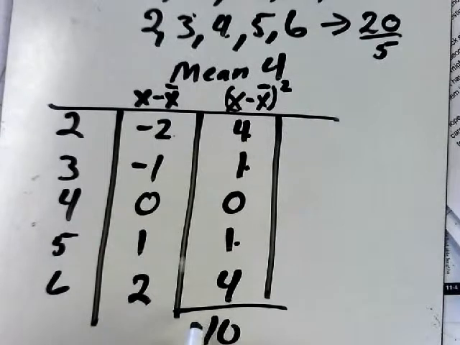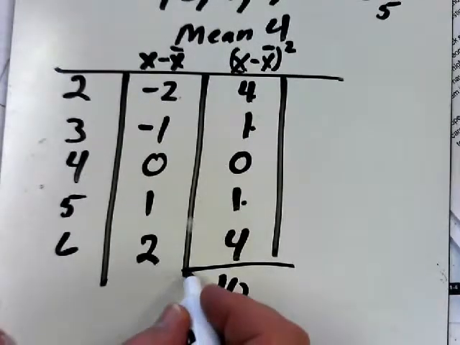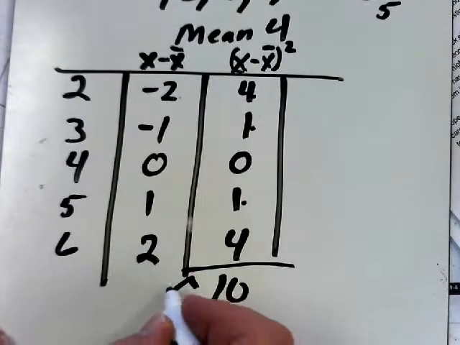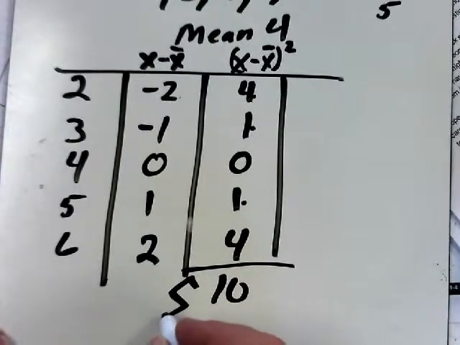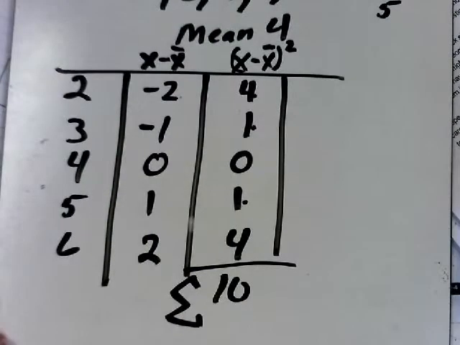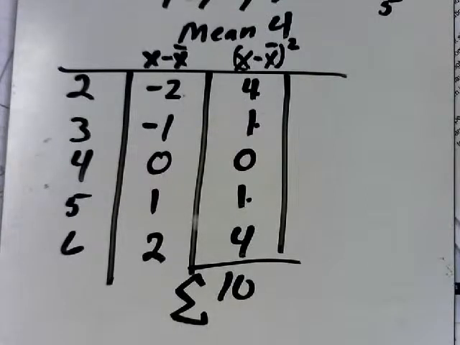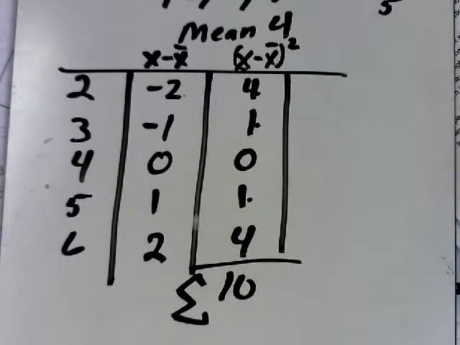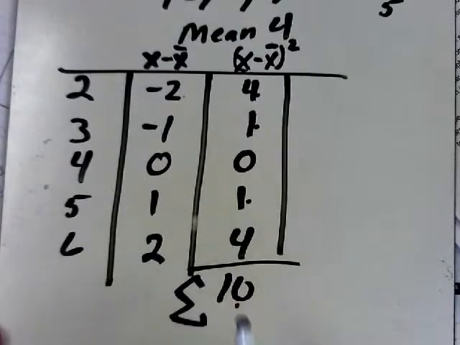You will see this symbol used in statistics. It's called sum. It's a summation symbol. It's an E, epsilon. Sounds like an Excel, isn't it? Okay? So I found the sum, didn't I?